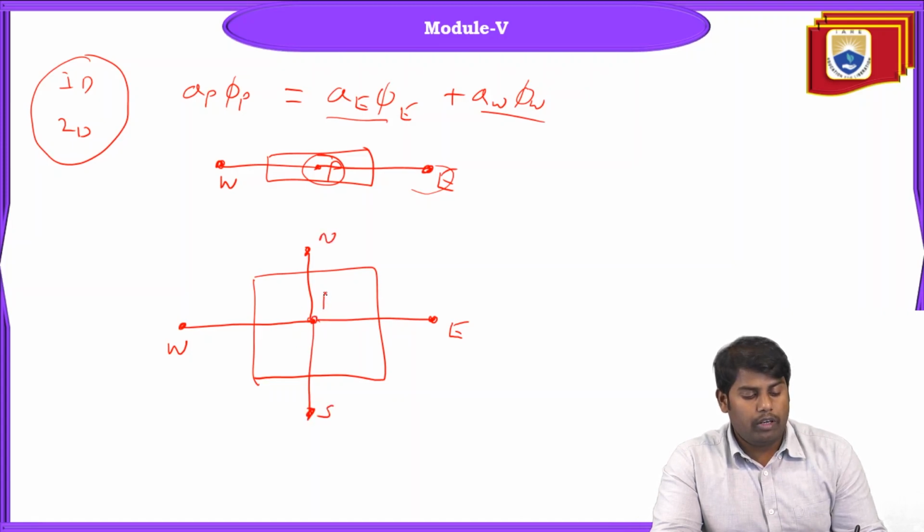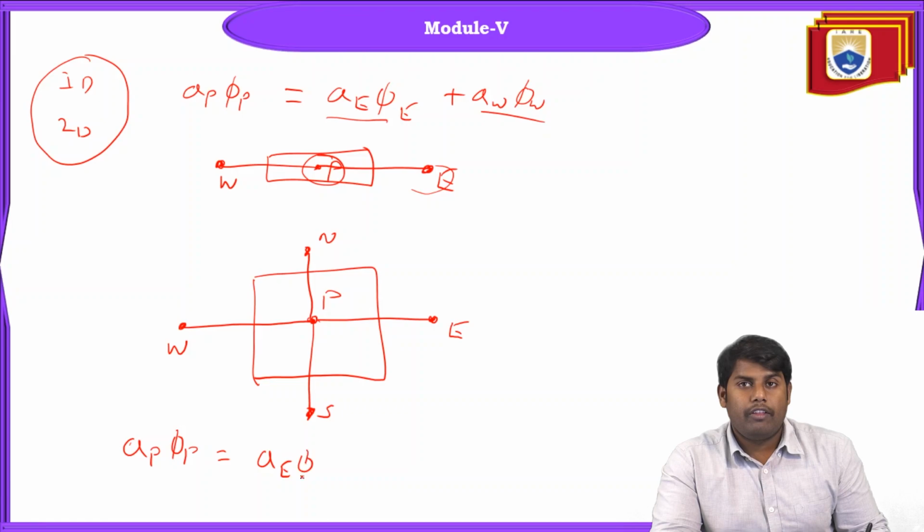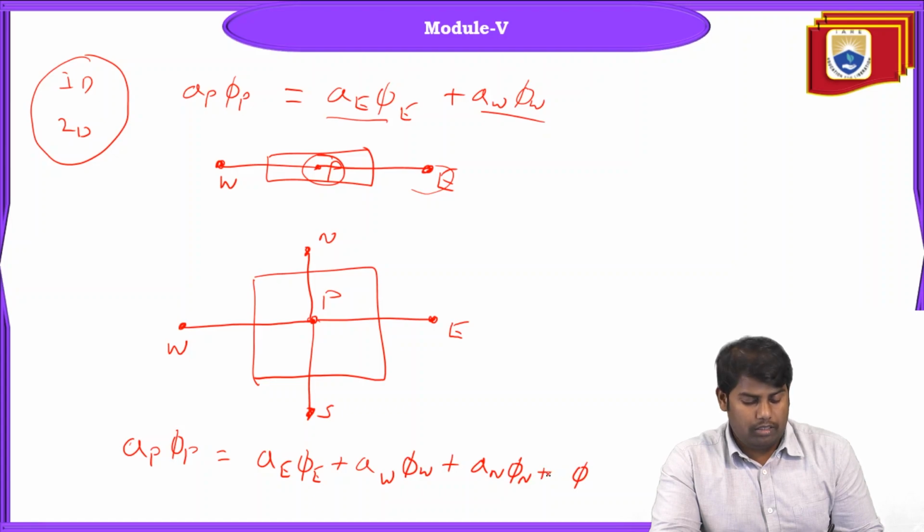This is the point of interest P. For this formulation we have seen AP phi P is equal to AE phi E plus AW phi W plus AN phi N plus AS phi S.